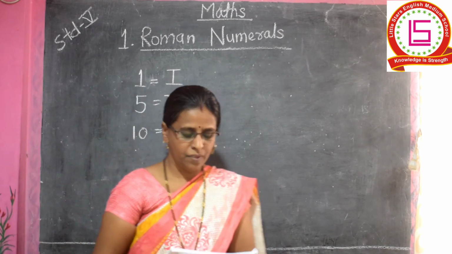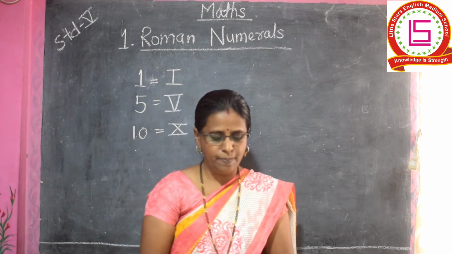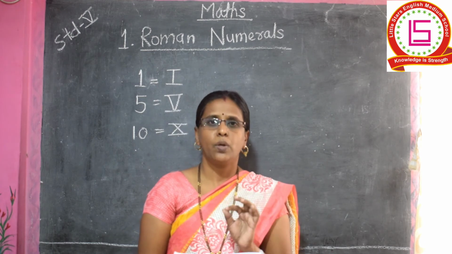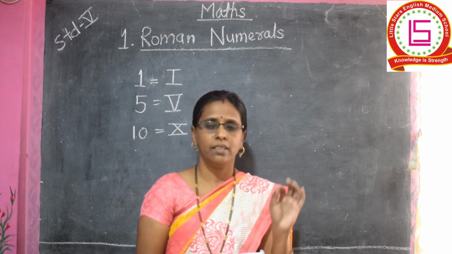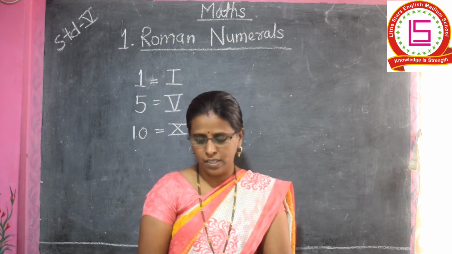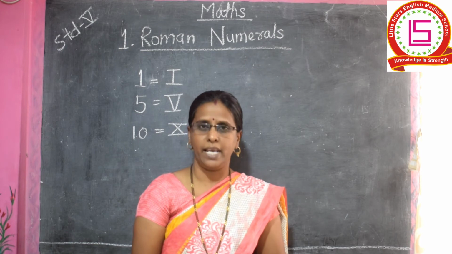In this method there was no symbol for 0. There is no symbol for 0 here. The symbols start from 1. Also, the value of a symbol did not change with its place.